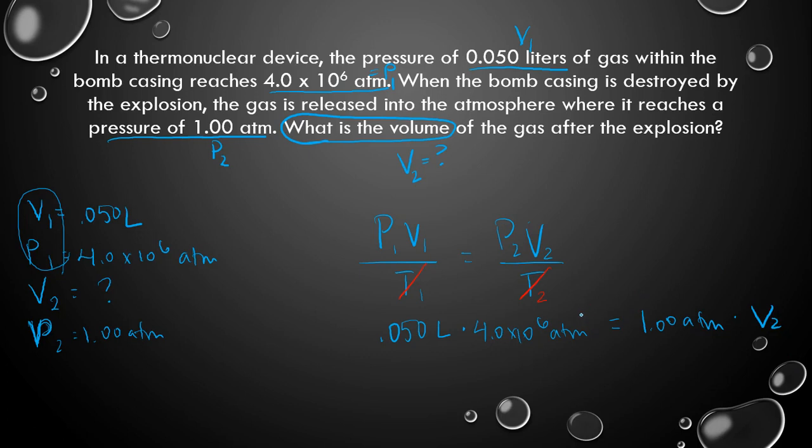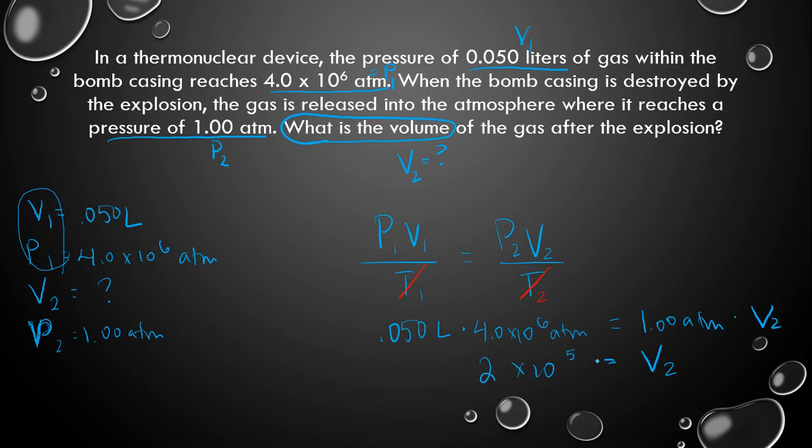So, if we do this, what we're going to end up with is 0.05 times 4 to the 6, and you're going to get V equals, and you can put V2 if you want to, V equals 2 times 10 to the 5th.